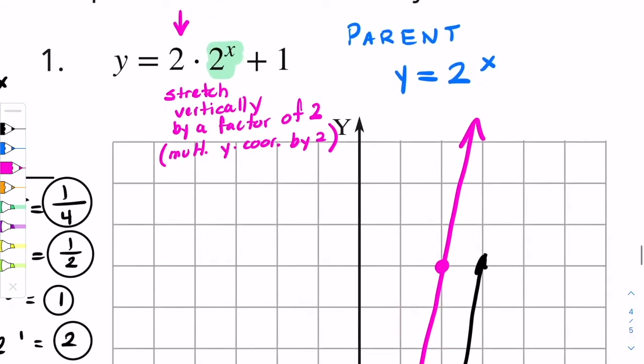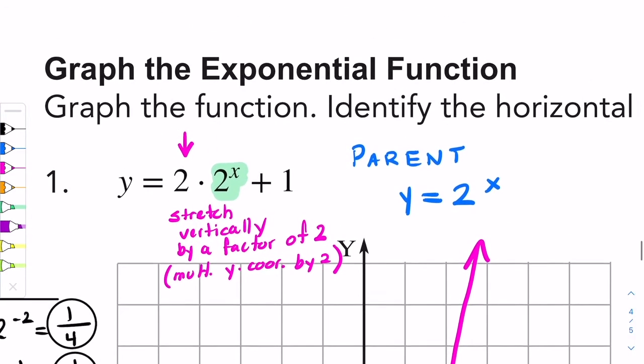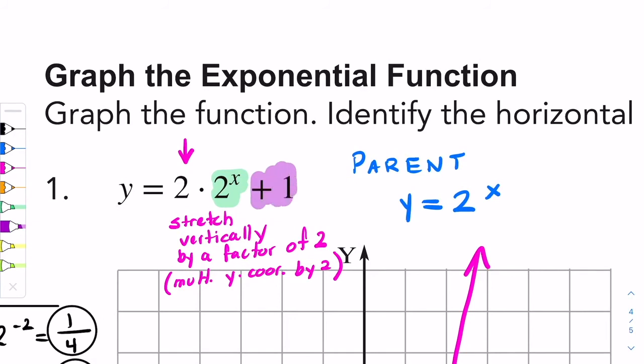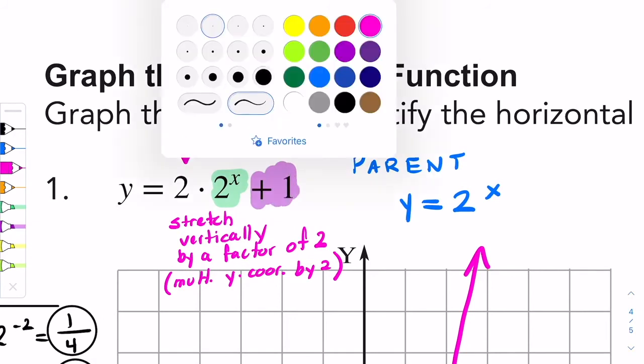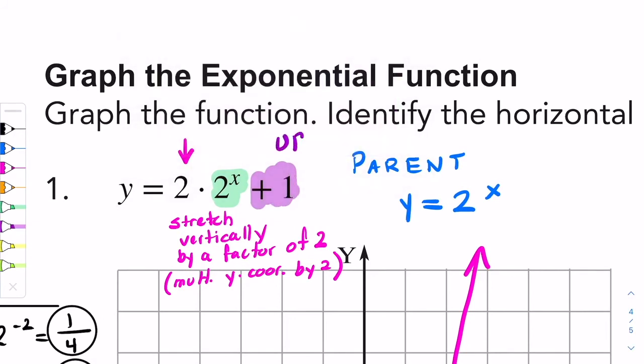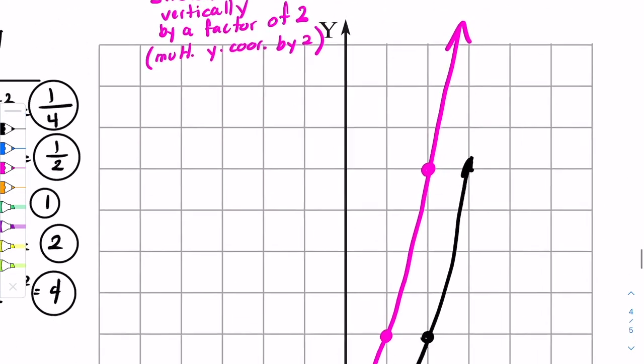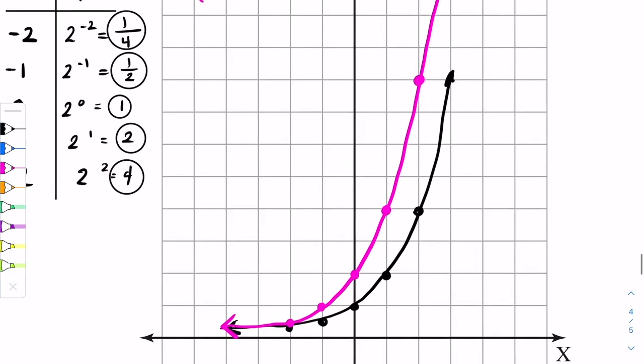Okay, the absolute last transformation is your +1, which means you are shifting this graph up 1 unit. Shifting this graph up 1 unit requires us to take the pink graph and shift every point up 1 unit. When we do this, we also shift our asymptote up 1 unit.